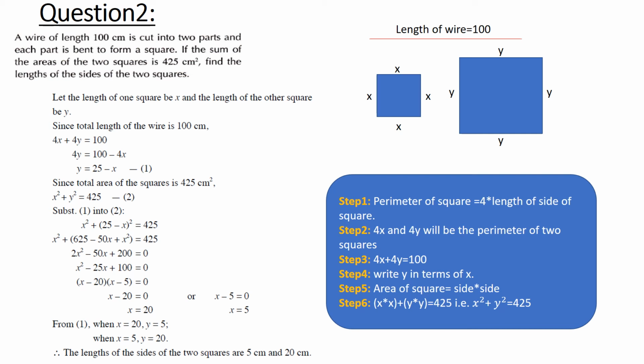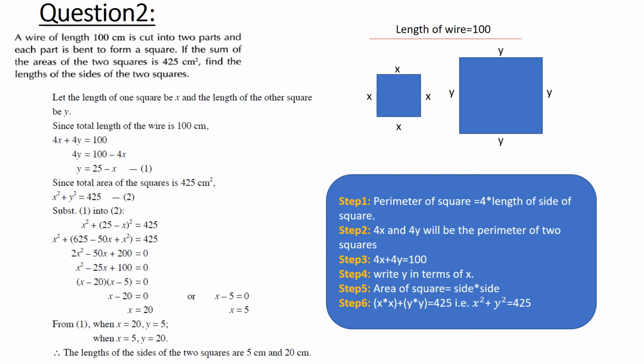And the area of the second square will be y multiplied by y and it will give you y square. So the sum of the areas of the squares is 425. It means x square plus y square will be equal to 425. Now this is your equation 2.